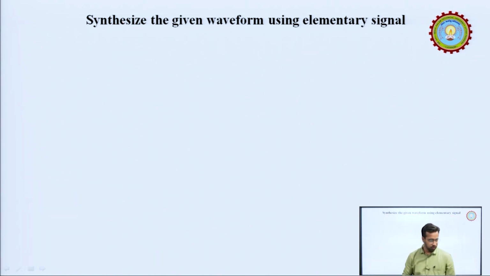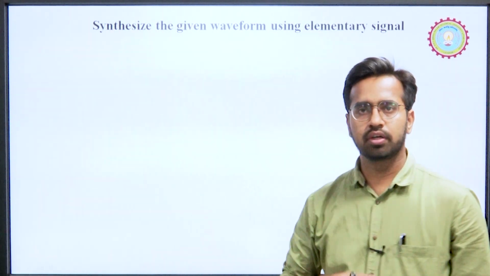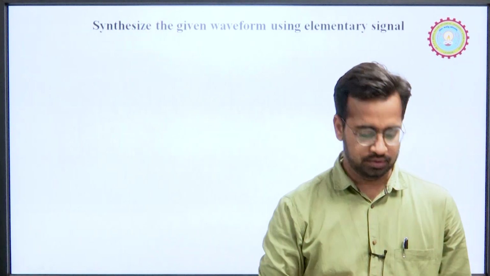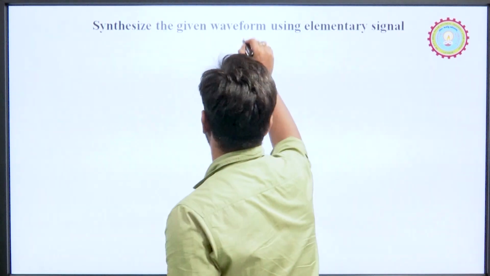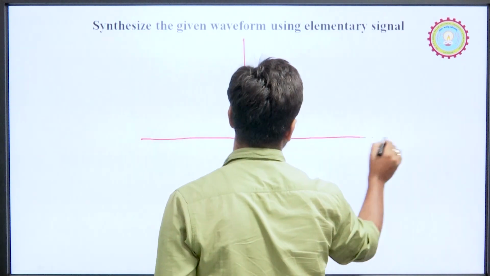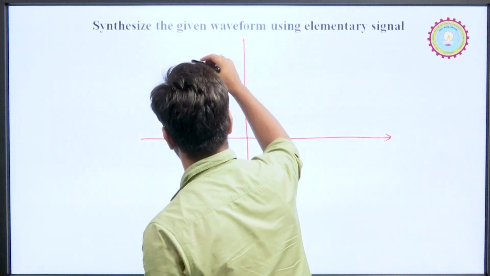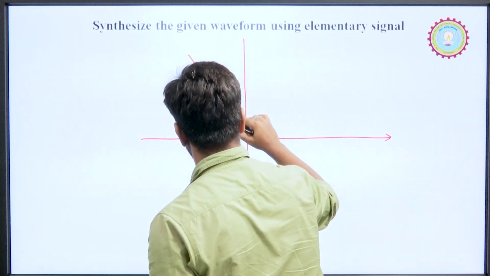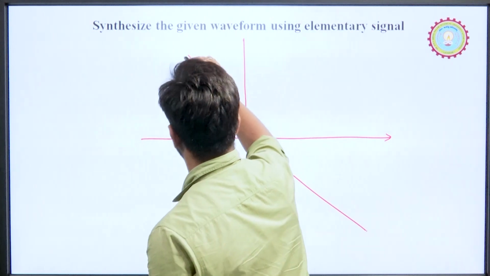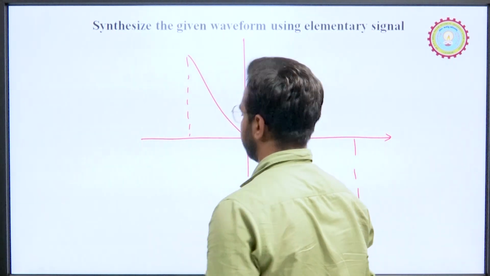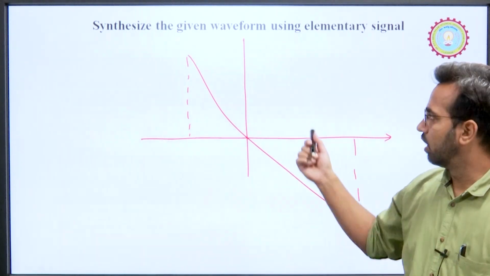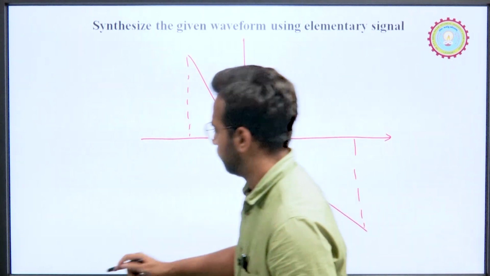Now, coming to the third problem, suppose this was the combination of unit step and unit ramp. Similarly, we can do it for another signal also. Let us take one more signal. Suppose there is a signal like this. Let me draw it in a clear manner.